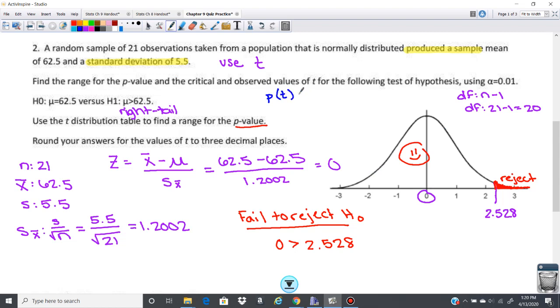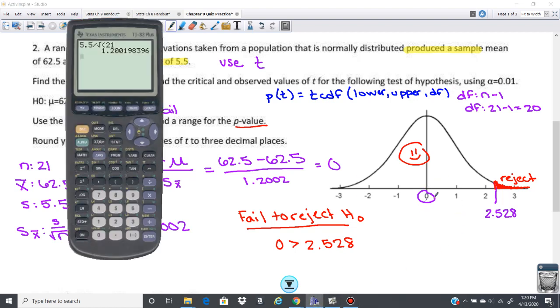But if we went through and technically did this, for a t, to find the p-value, you're going to use TCDF in your calculator. Okay, so you do TCDF, lower, then upper, and then your degrees of freedom. So in this one, our lower limit actually isn't going to matter with 0, so we'll just do 0 as our lower limit.